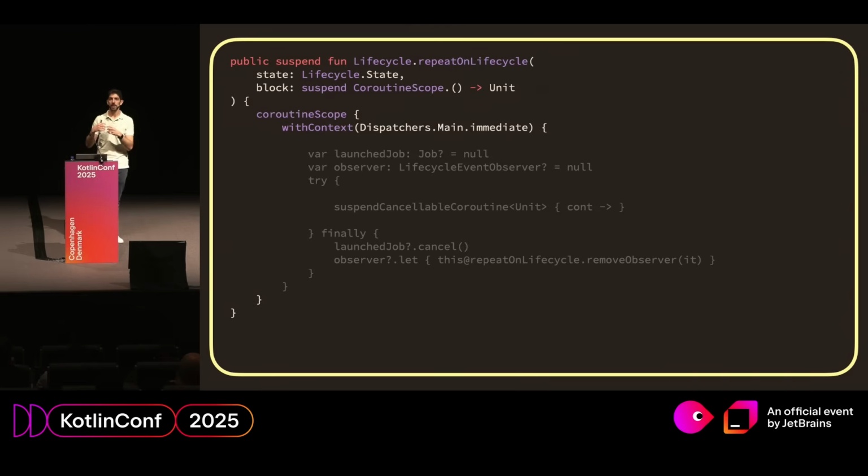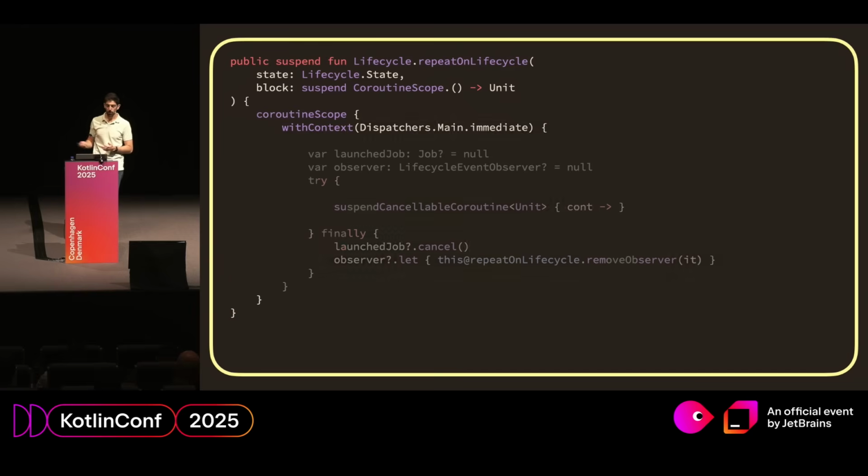It's preserving the context where the repeatOnLifecycle has been called. And we have to preserve that context because we need to move to the main dispatcher because we need to add and remove observers from the lifecycle. So we use this nice trick we call coroutine scope so that later, buried down the code of our function, we can actually use the same context where the repeatOnLifecycle was originally called.